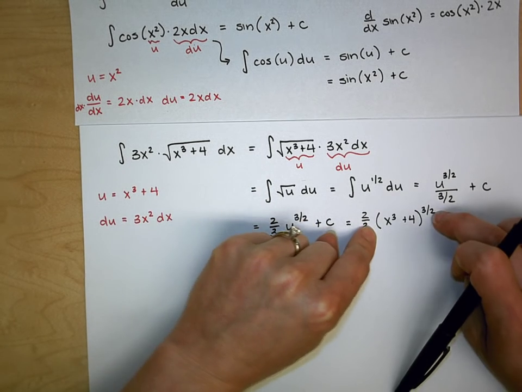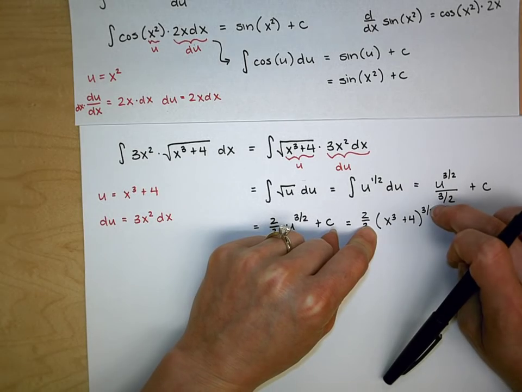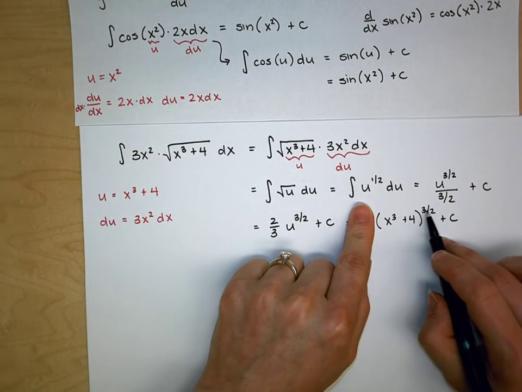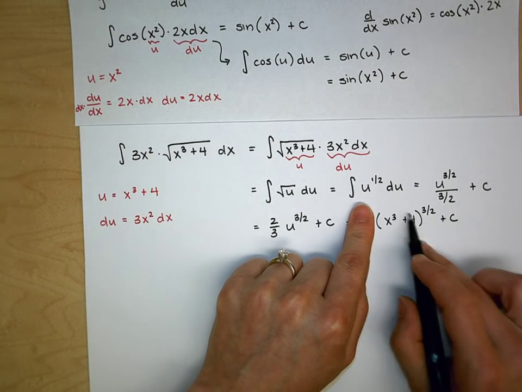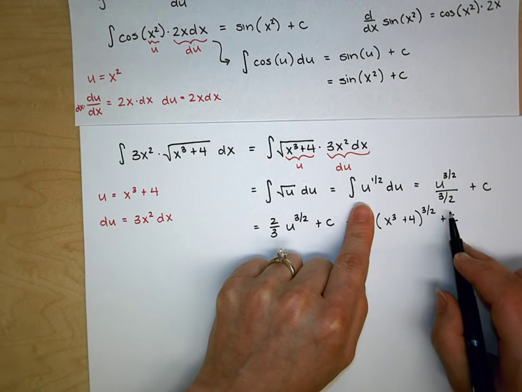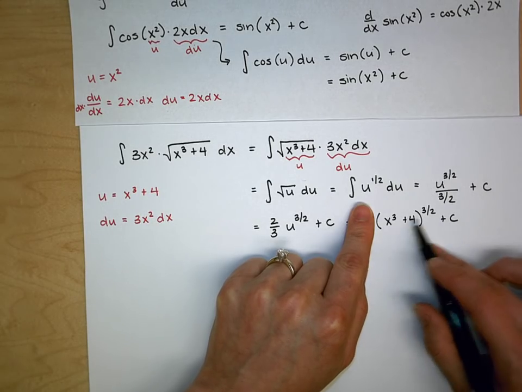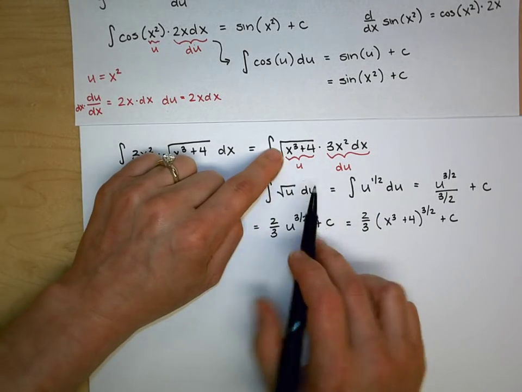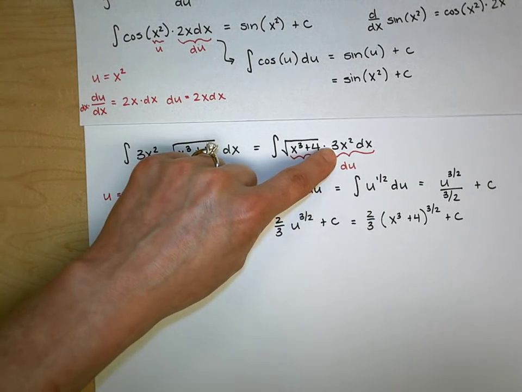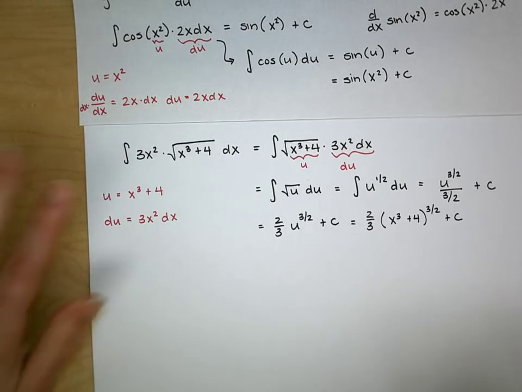My new power would be this minus 1, so 1/2. So I essentially have this part gone. This would be the 1/2 power. Then I'd still have this same inside part, x cubed plus 4, times the derivative of that, which is 3x squared. Notice that's what I have here. This to the 1/2 power, then the derivative, which is 3x squared. So you can always check your answer by taking the derivative.